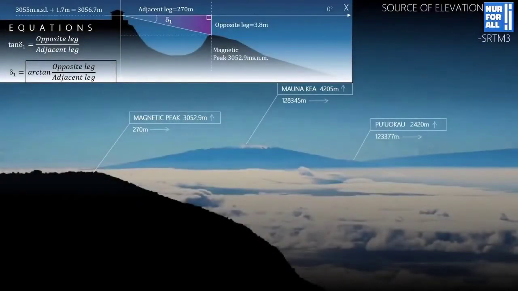We substitute the data in the equation and delta 1 is 0.8063 degrees.